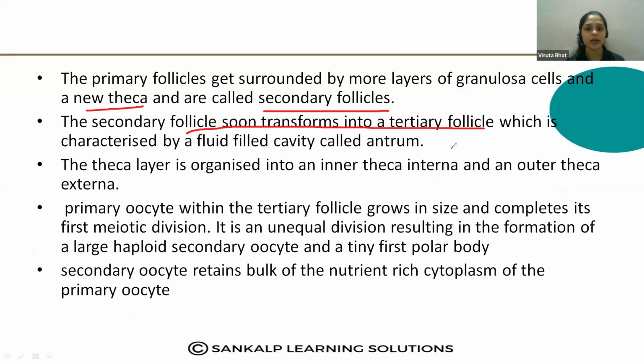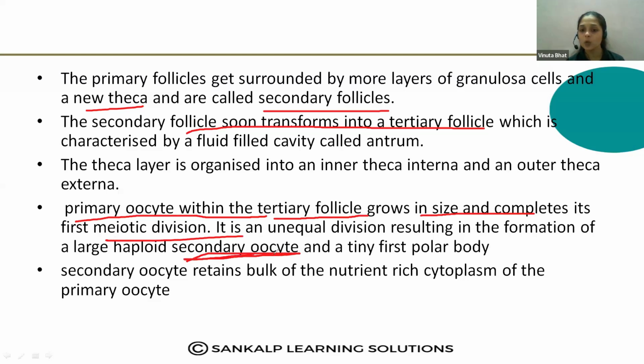Inside that you can observe the primary oocyte. Then the primary oocyte present in the tertiary follicle grows in size and completes the meiotic division. When the primary oocyte completes the meiotic division, it forms the secondary oocyte.